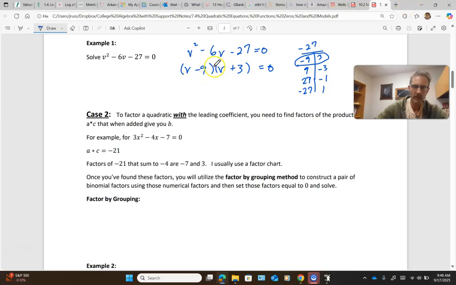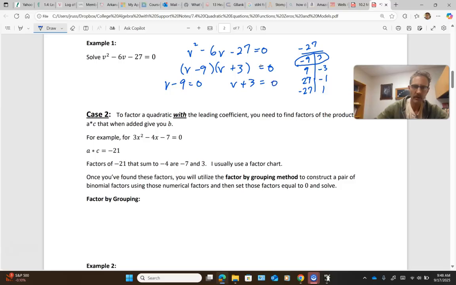So again, I have factored the quadratic function. Now I have the product of these two factors equals 0, so either one or both of these have to be equal to 0. We take each one individually, set it equal to 0, and solve for v.